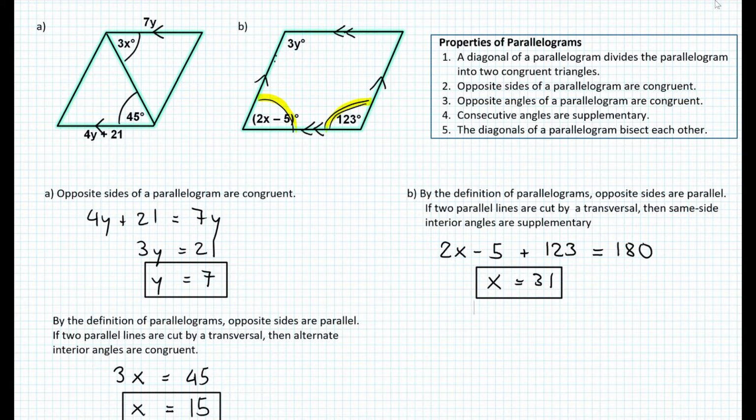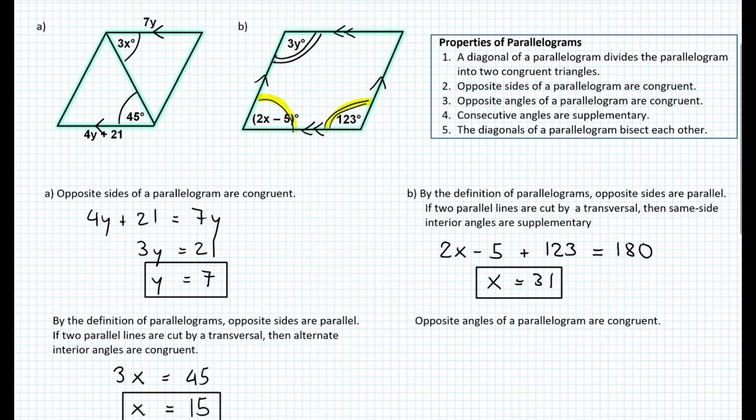And it actually makes sense that they're congruent because if this angle here is supplementary to this angle that I'm circling, and this angle is supplementary to this angle, then by the transitive property, these two angles over here must be congruent.